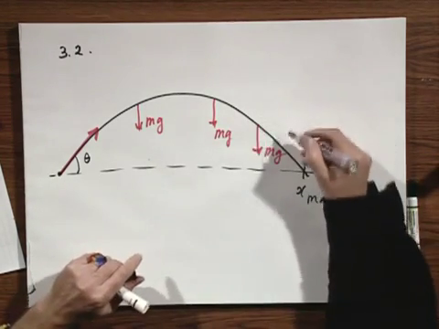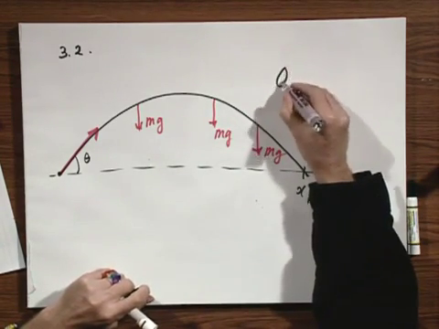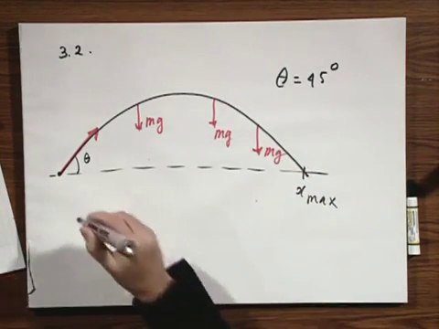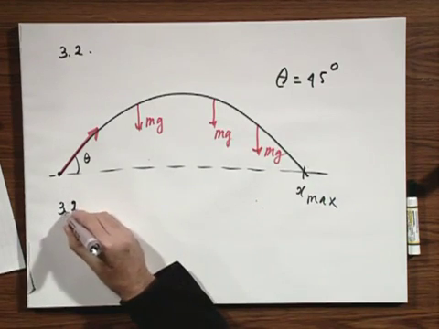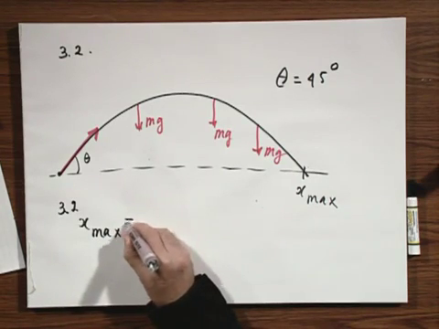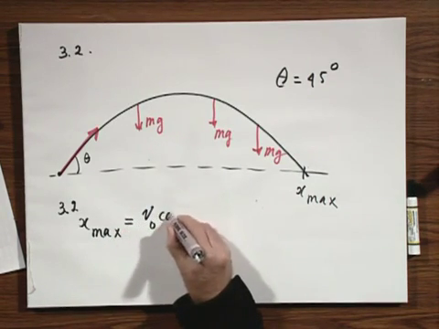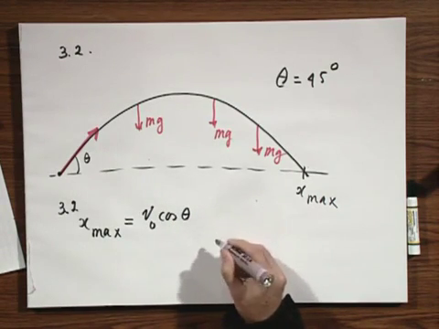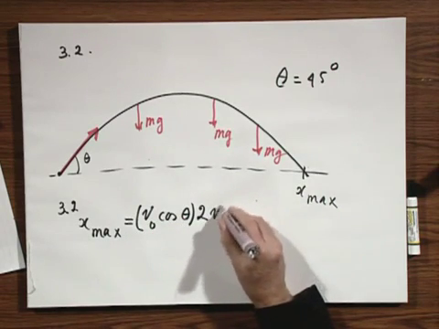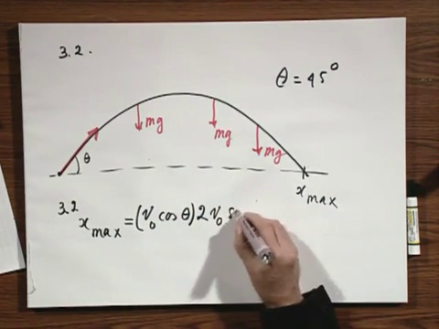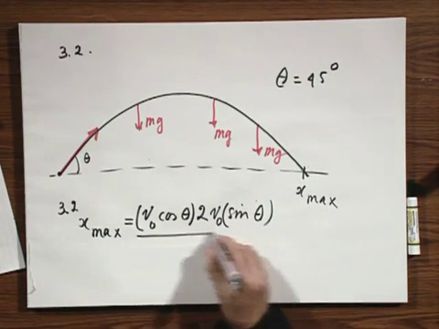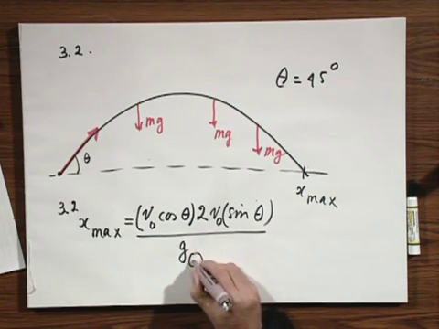Perhaps you remember that the maximum range would be when theta equals 45 degrees. You can clearly see that from problem 3.2, because x max equals V0 times cosine of theta times 2 times V0 times the sine of theta, divided by g at Earth.